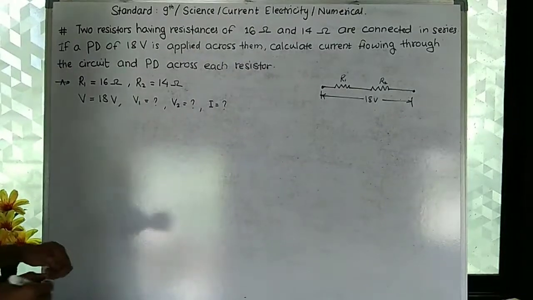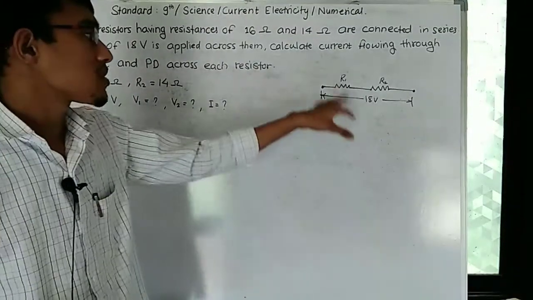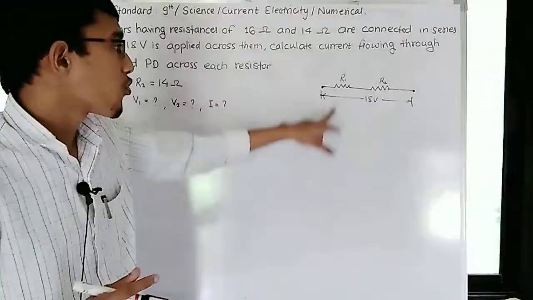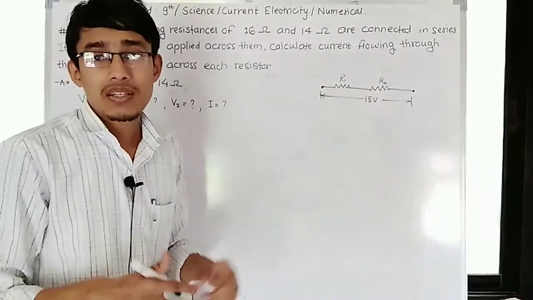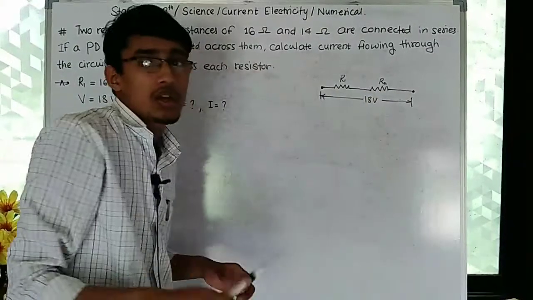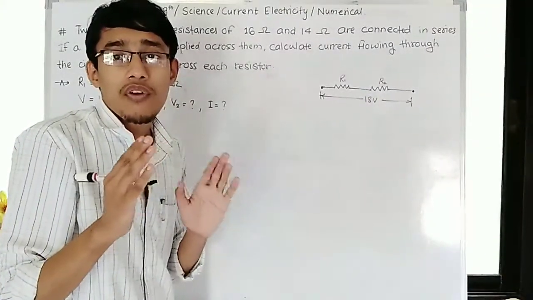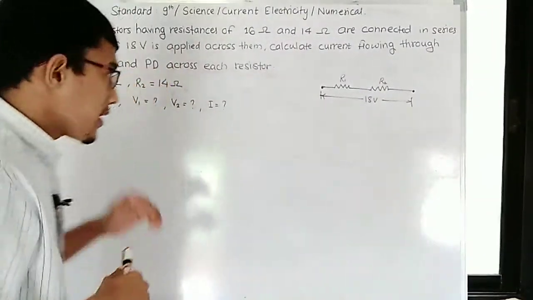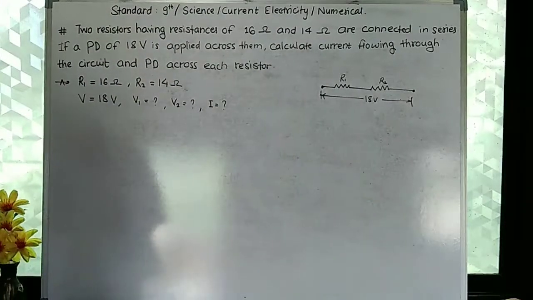Now the amount of electric current flowing in the circuit is going to be the same for R1 and R2, as the connection is done in series. The value of current is not going to vary for both the resistors.